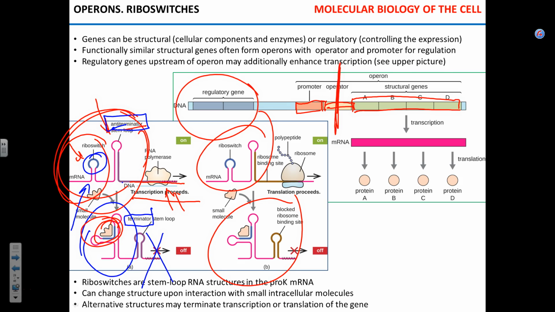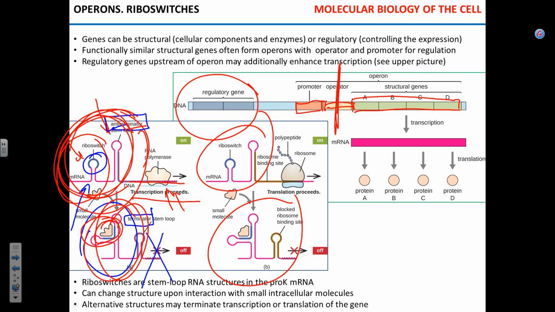Does it make sense? That's all a riboswitch, from on to off. But the point is, the regulatory sequence, the riboswitch, the actual structure, is part of the mRNA. Okay?